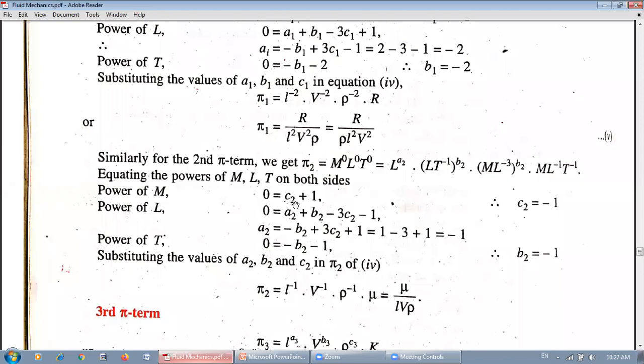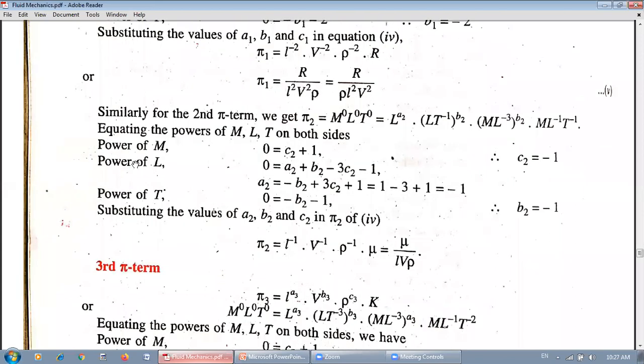So C2 is equal to minus 1. Power of L again, so it is 0 equal to A2 plus B2 minus 3 C2, and there is minus 1.